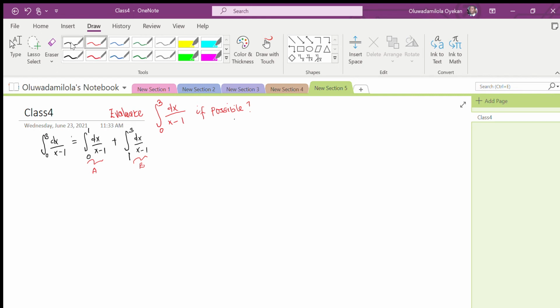Since there's a point of discontinuity at 1, there's a vertical asymptote at 1, so I have to use the limit concept to solve it. I call this a, equal to the limit as t goes to 1 from the negative side. It's 1 negative because we are approaching 1 from the left.